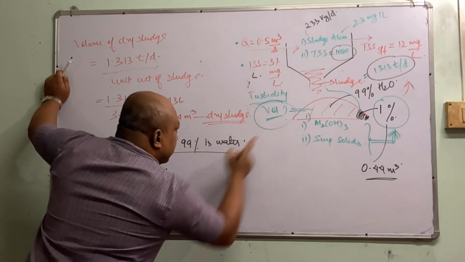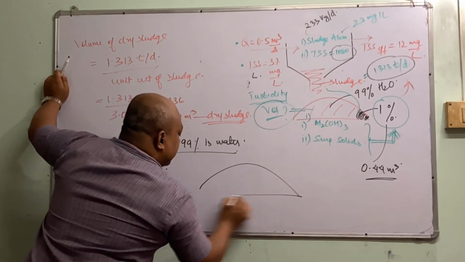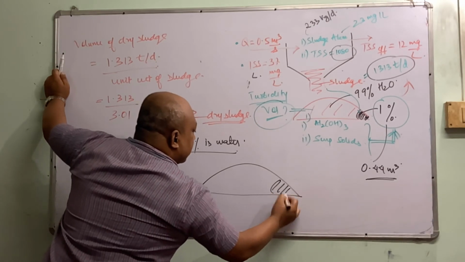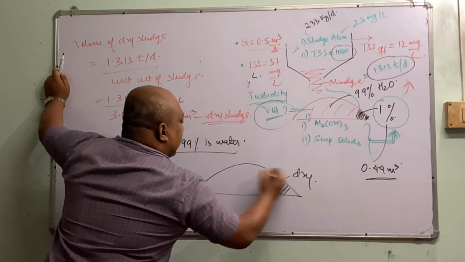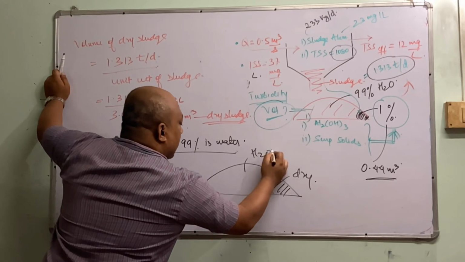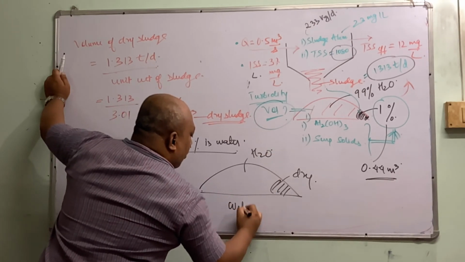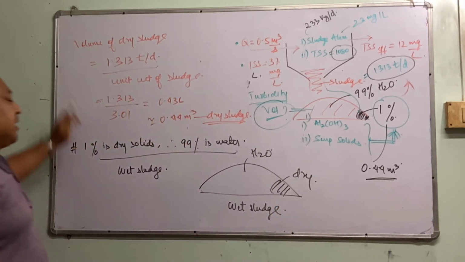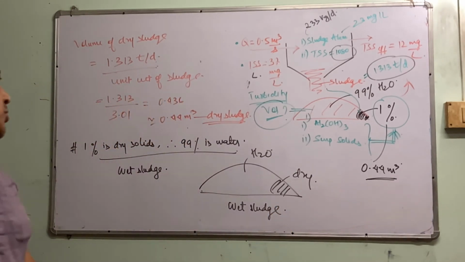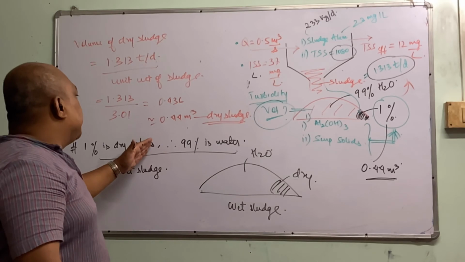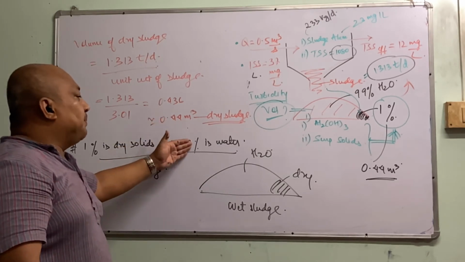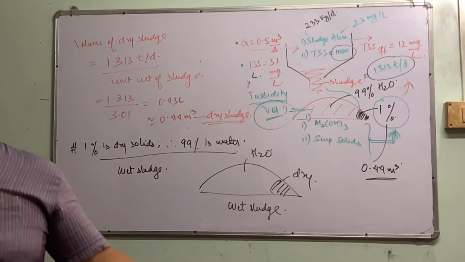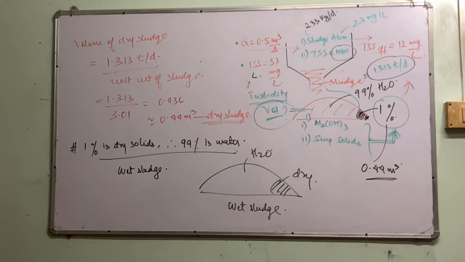Let me remind you again: this part is the dry part, this is the water, and the whole is called wet sludge. Check it again. If 1% is this much volume, 99% will be how much volume? We are going to estimate that.